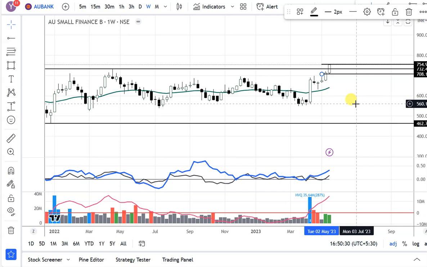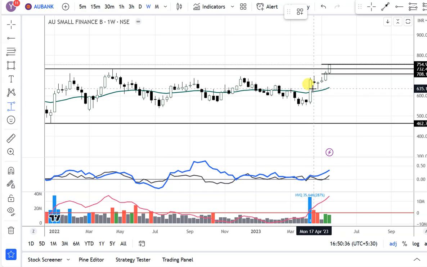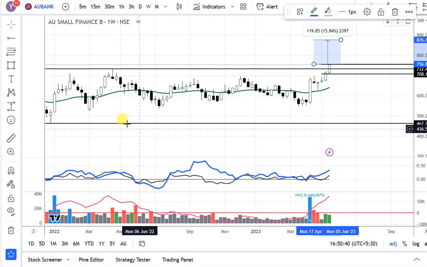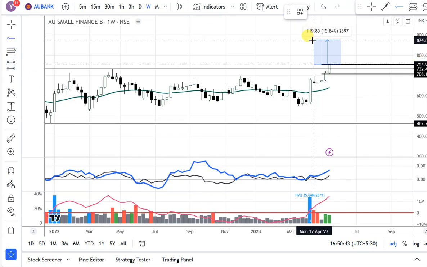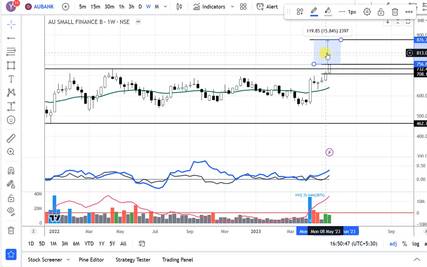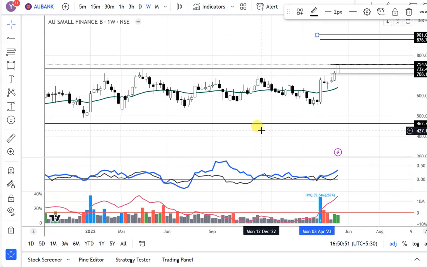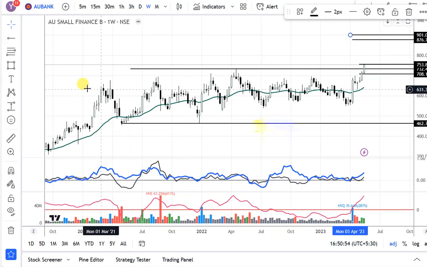And the target I'm expecting is around 876 to 900. It's a very wonderful stock. It has been consolidating from March 2021, and it gave a wonderful breakout in May 2023. AU can be a good stock.